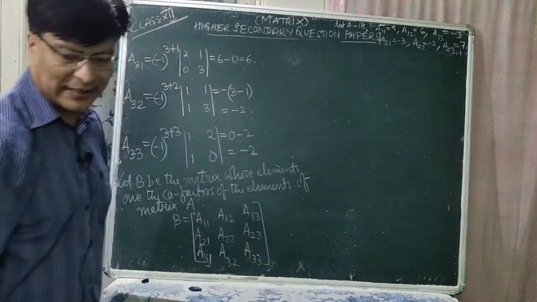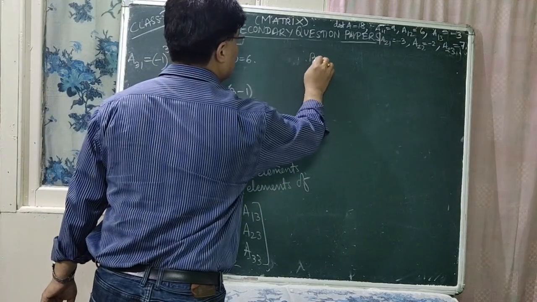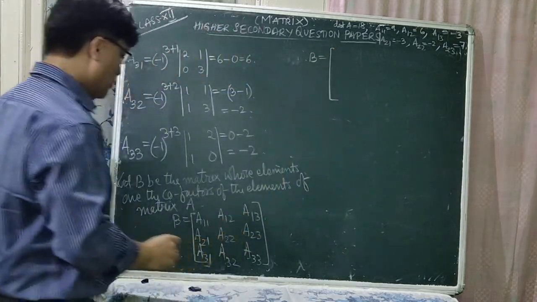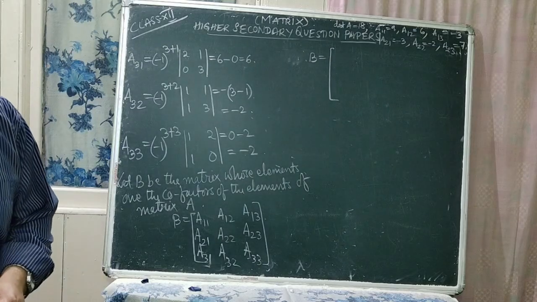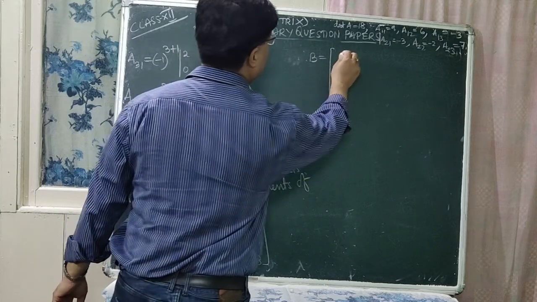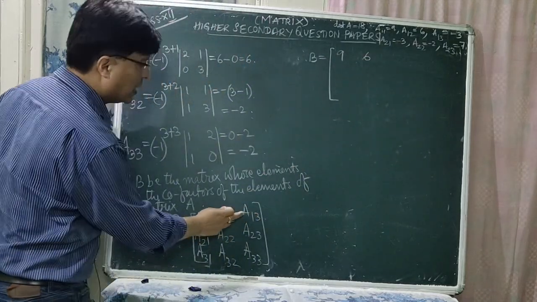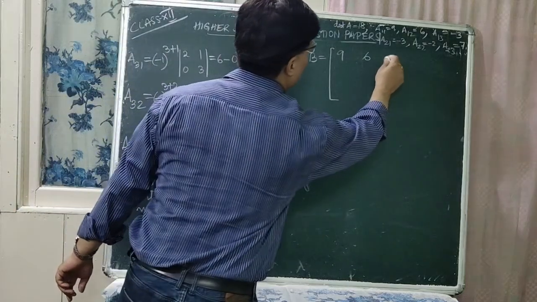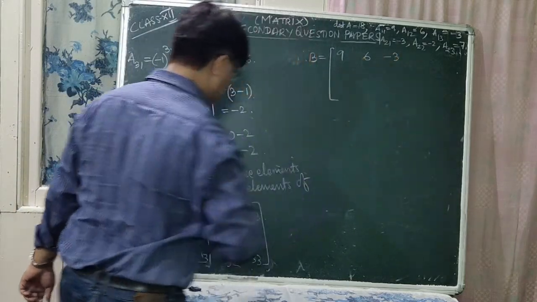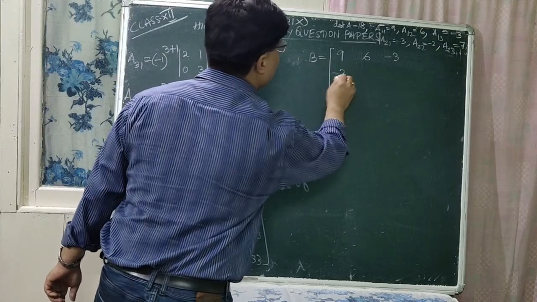So now let us write down this matrix B. So B is equal to, now you tell me what is the value for A11. A11 here is 9. A12 is 6. A13 here is minus 3. A21 is also minus 3.